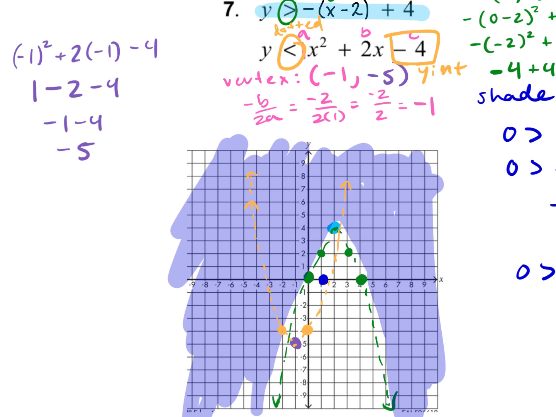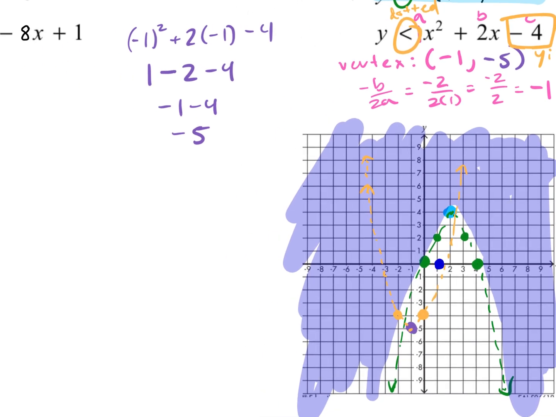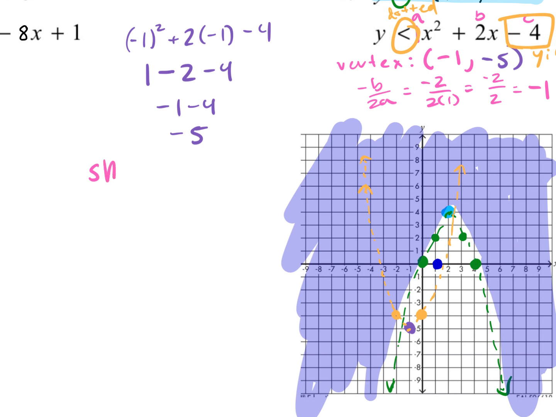What can we do next? Shade. We want to find out where we're going to shade. How do I tell where I'm going to shade? I can plug in any point I want. If we want, we can stick to points inside of our parabola.